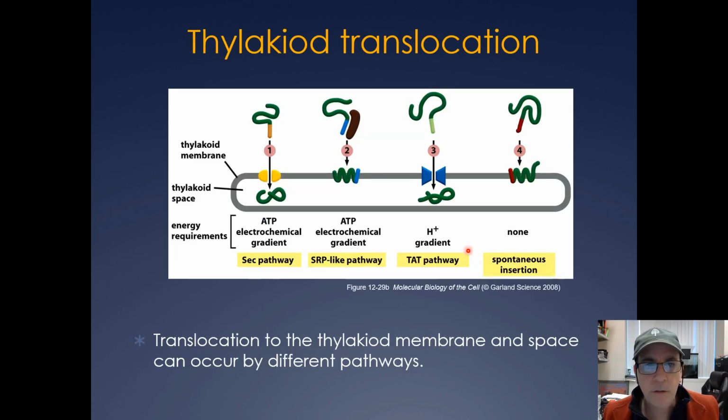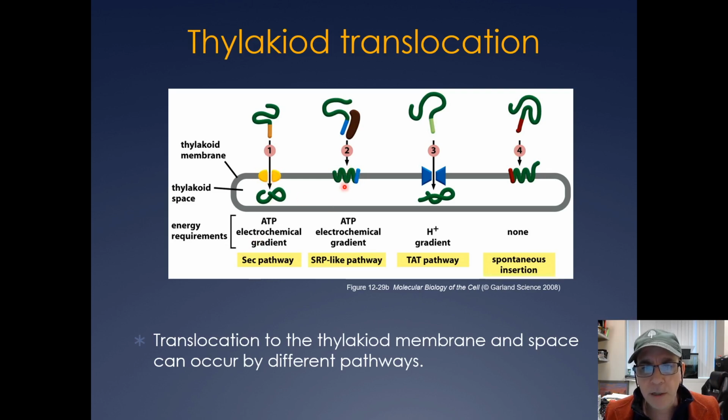And it goes into the thylakoid space using the thylakoid transport machinery, and there's a number of different ones. There's ones that use ATP and the electrochemical gradient. This is very similar to the SEC pathway, which we covered in bacteria. If you go back to when we covered translocation into the endoplasmic reticulum and the SEC61 complex, there was the SecYEG. It's very similar here.